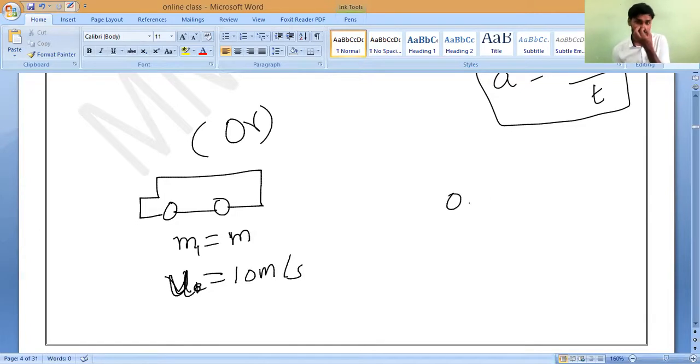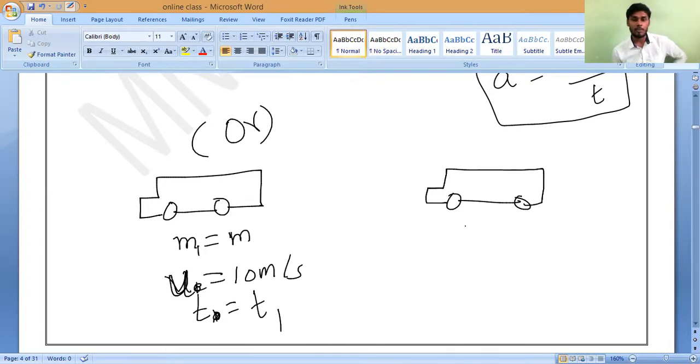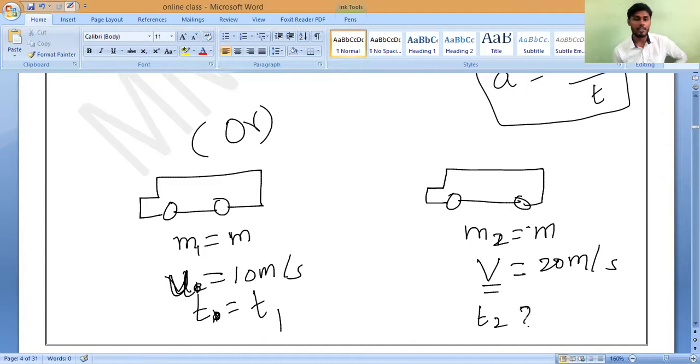Now after certain time, time t1, my car travels at some other speed. Still here mass is m, m2 is also m only. But the final velocity I will consider as v. Initial velocity I will consider as u, final velocity as v. Now time t2 will be taken.